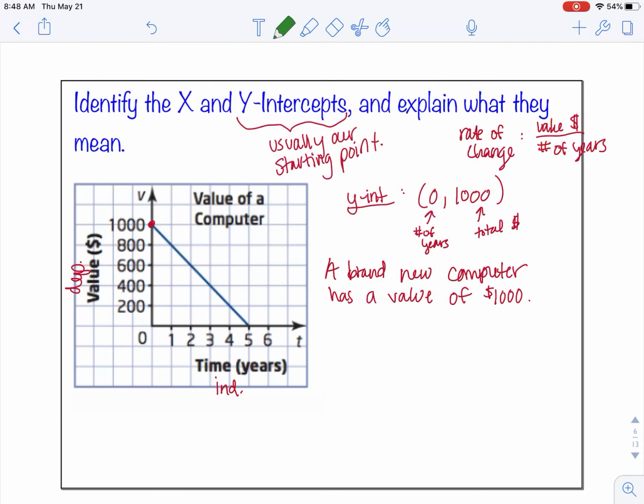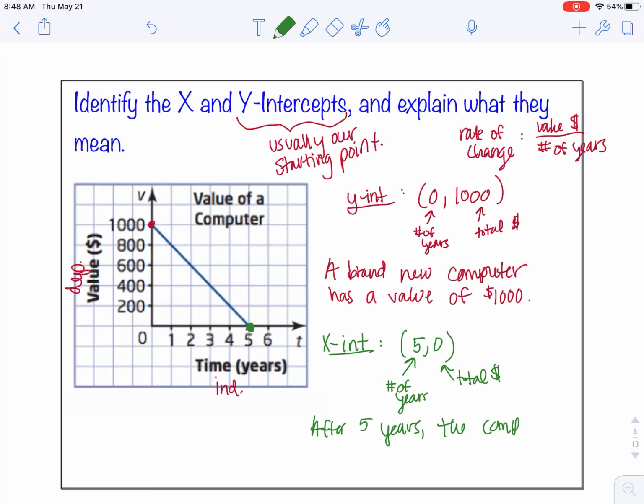Now let's look at the x-intercept, where the line crosses the x-axis. This is 5, 0. What does this mean? Number of years, total value, total dollars. This means that after 5 years, the computer loses its value.